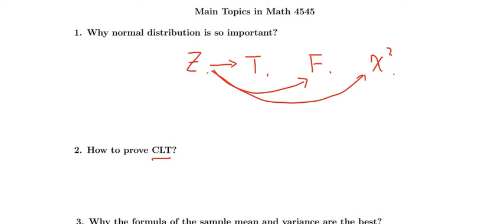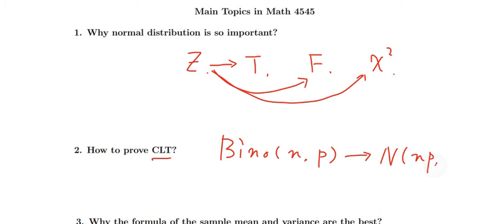A typical example is the binomial distribution, which will be close to normal with mean np and standard deviation square root of npq. We call those things the central limit theorem.